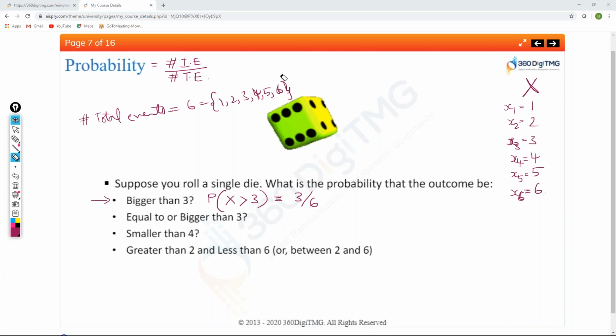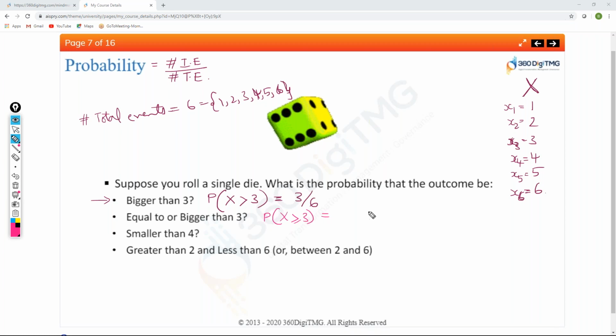Now, let's go to this second one. If I roll a die once, I know that I can get one of these numbers. And what is the probability that the outcome would be equal to or bigger than 3? Greater than or equal to 3. 4 by 6.